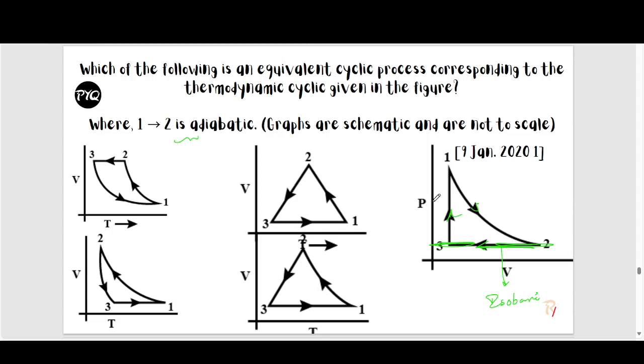Okay, in adiabatic process, here volume, sorry, this was not so this will be our answer.